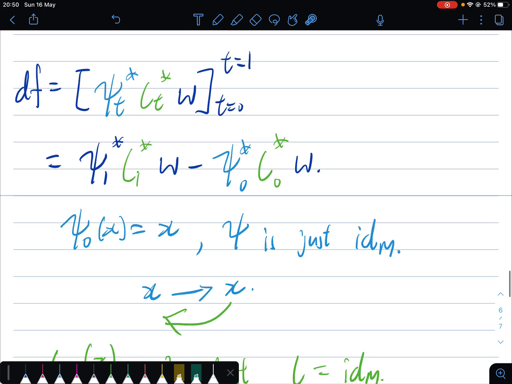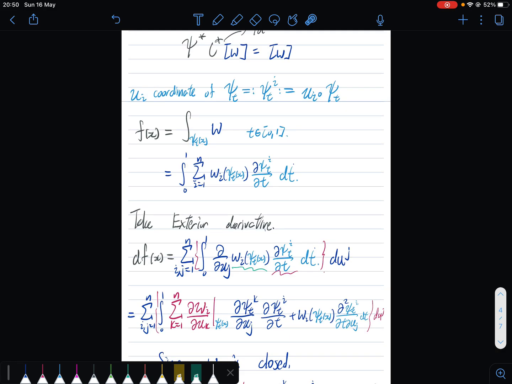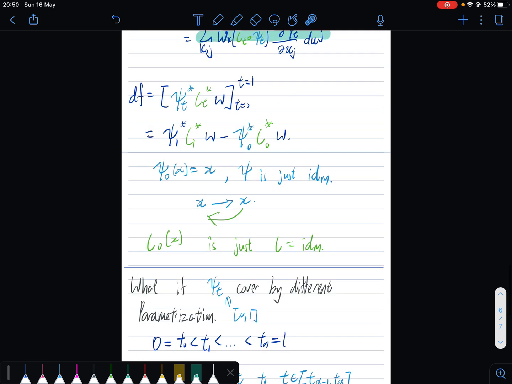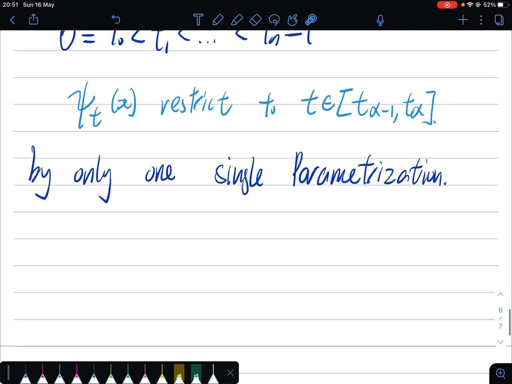Then we can use the result from this formula, by taking the summation over each finite parameterization, this finite chart.